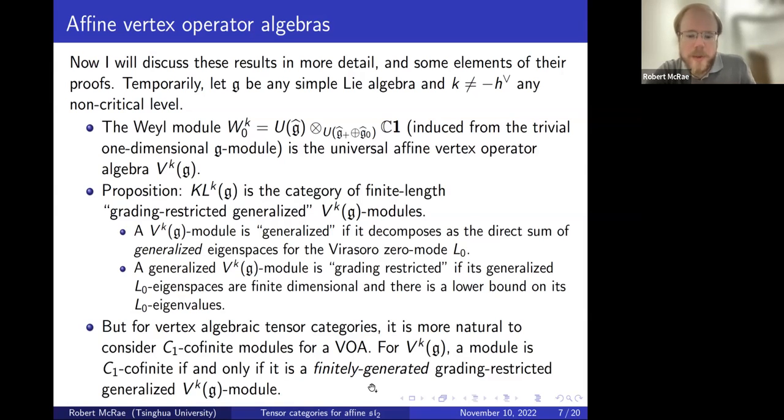A module is C1-cofinite if and only if it's finitely generated as a grading restricted generalized module. So you can see the difference between C1-cofinite modules and KLK is potentially that you have finitely generated here, which is not necessarily the same as finite length. Possibly it is a weaker condition than finite length.